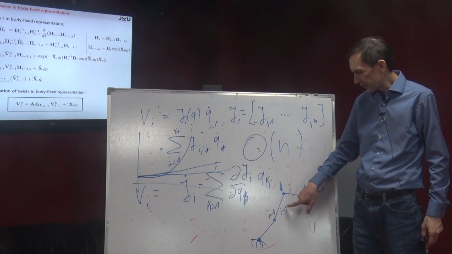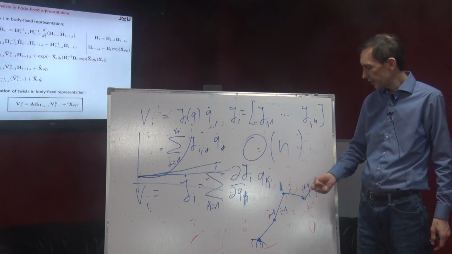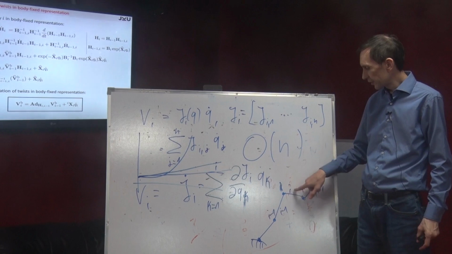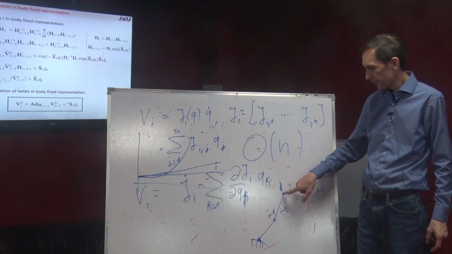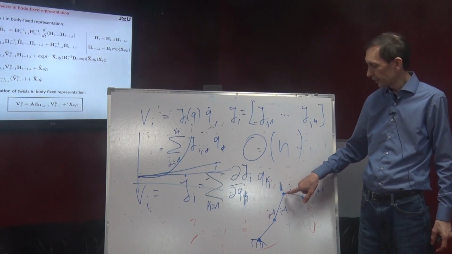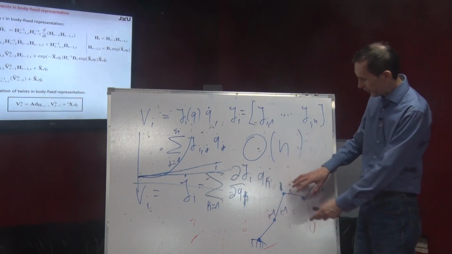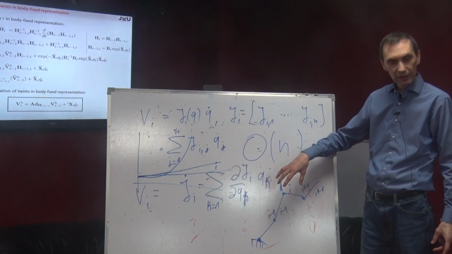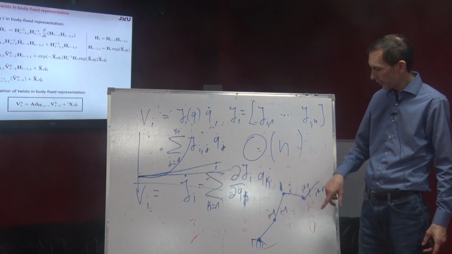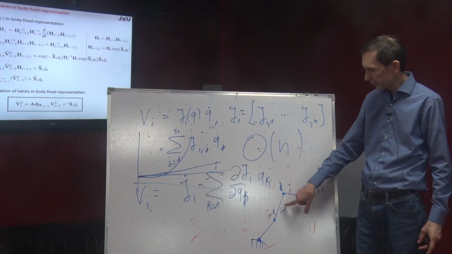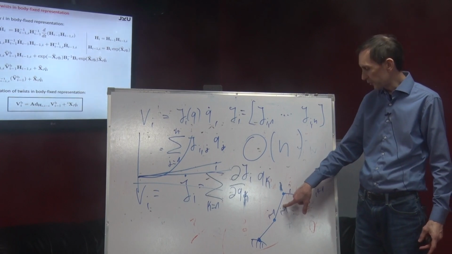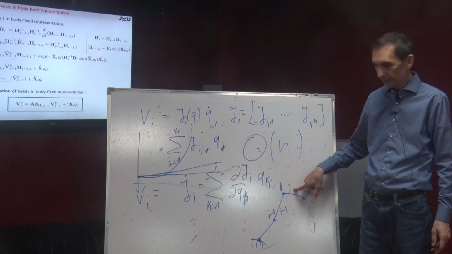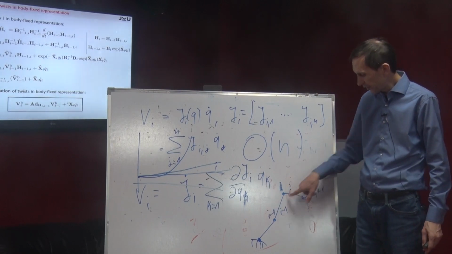Let's say we are given already the twist of body I minus 1. Then, let's say this joint is locked, then the whole thing does what it does, and body I is just going along with it. So if I know the twist of body I minus 1, I just have to transform it into the frame of body I, because there's a frame here and there's a frame here.